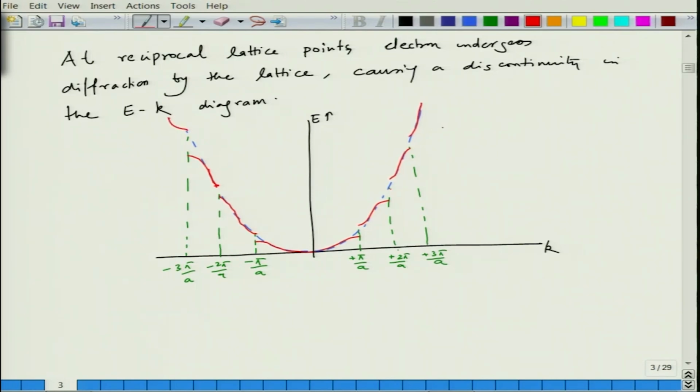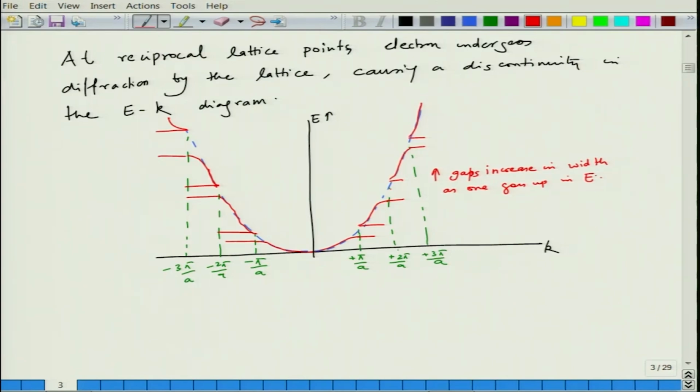Okay. So, you will have these discontinuities. So, these discontinuities are basically, you can say, the gap states. And these gaps increase in size, increase in width, let us say, as one goes up in energy. So, as you increase the energy, the gaps become larger and larger.